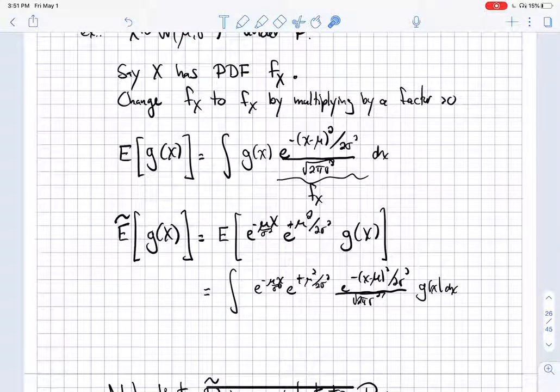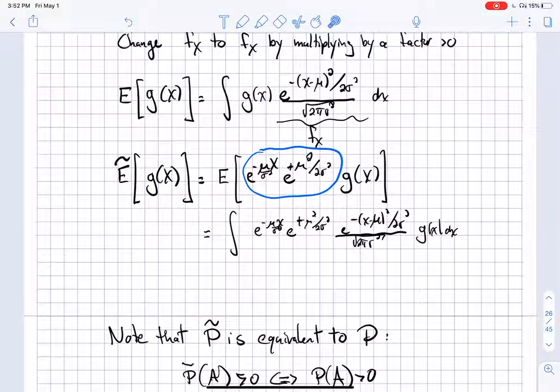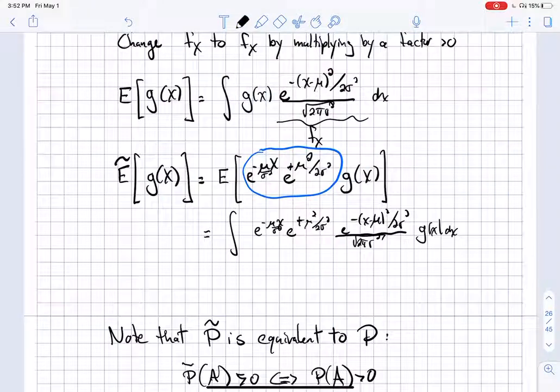Well, here it's very easy. What I'm going to do in the expectation is the following: I'm going to add this factor. You'll see why, so it's a bit obscure. In effect, what this does is that it multiplies the density I have here by this new factor. And obviously, if you do the math, this factor is exactly such that it cancels all the factors you get from that mu when you expand the square.